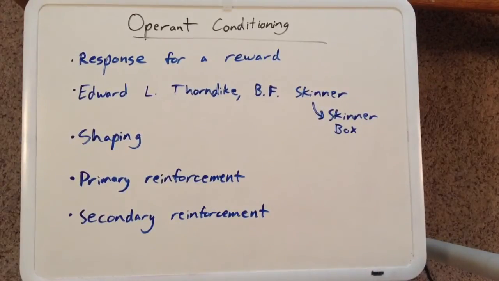Now, the Skinner box itself was basically just a box with a lever and a slot for food to come out. And what Skinner did was he essentially taught rats to perform specific behaviors by having food come out. That goes along with the term shaping, where the rat eventually was rewarded for getting near the lever, so he'd get a food pellet for that.